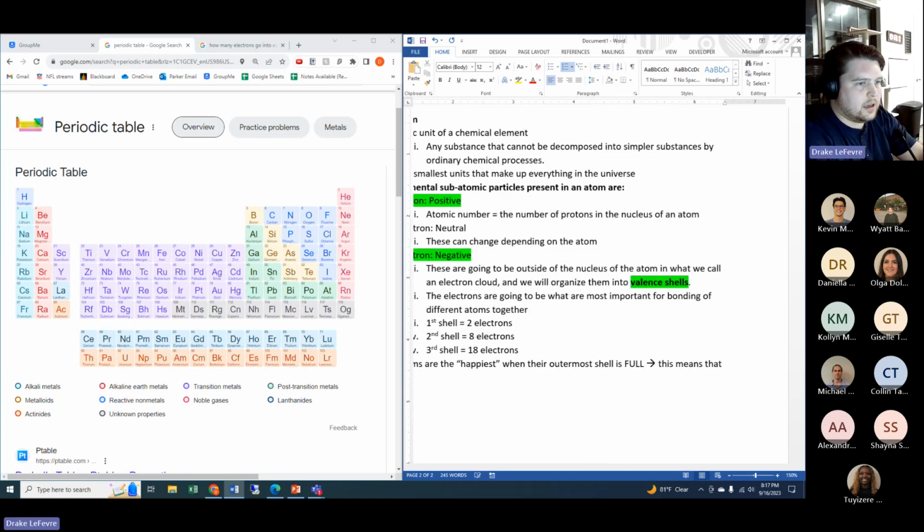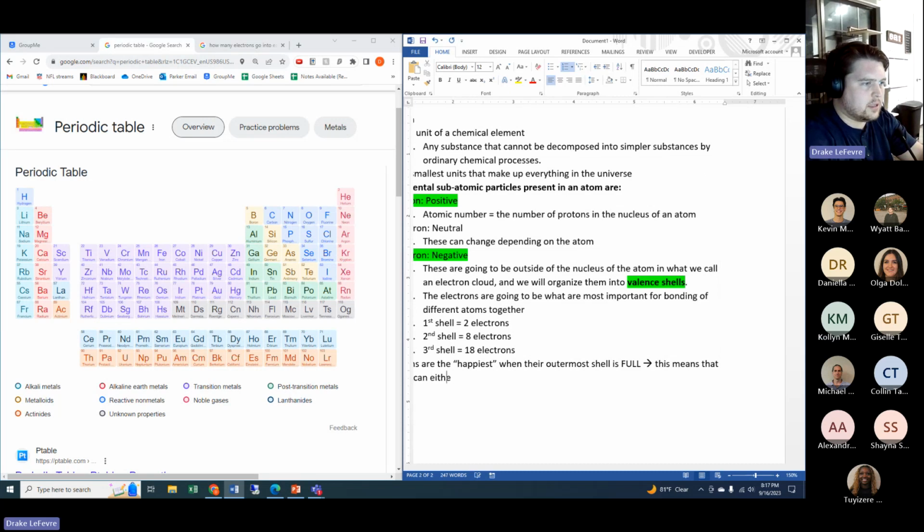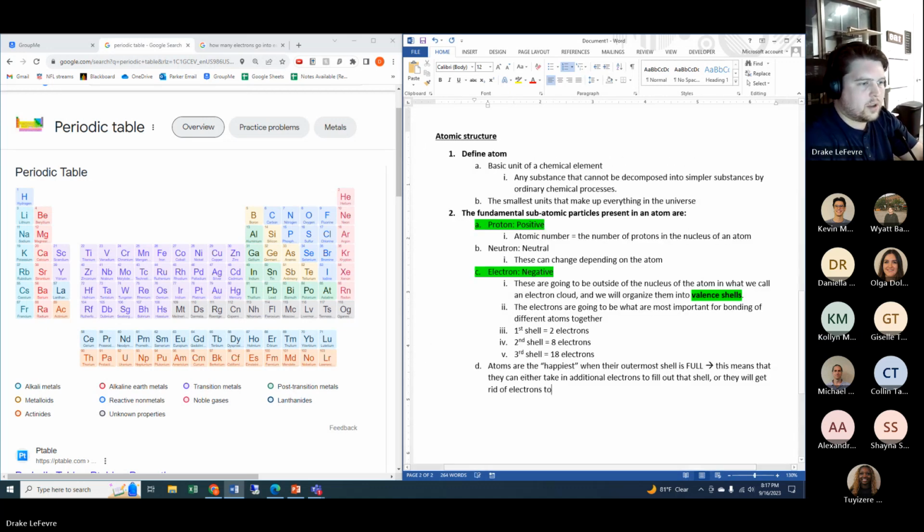This means that they can either take in additional electrons to fill out that shell, or they will get rid of electrons to get rid of that shell, so the next lower one is full.